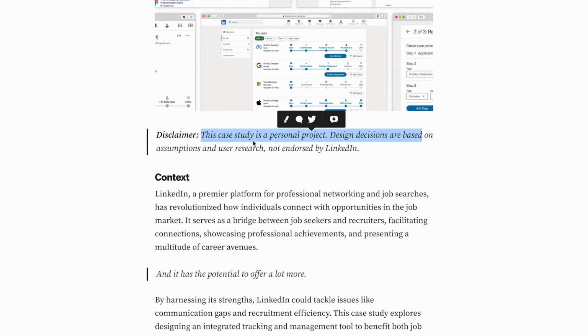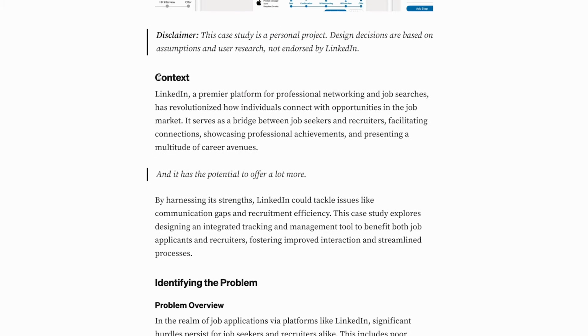Okay. So this case study is a personal project and design decisions are based on assumptions and user research and not endorsed by LinkedIn. All right, fine. So context. LinkedIn, a premier platform for professional networking and job searches, has revolutionized how individuals connect with opportunities in the job market. It serves as a bridge between job seekers and recruiters, facilitating connections, showing professional achievements, and presenting a multitude of career avenues.